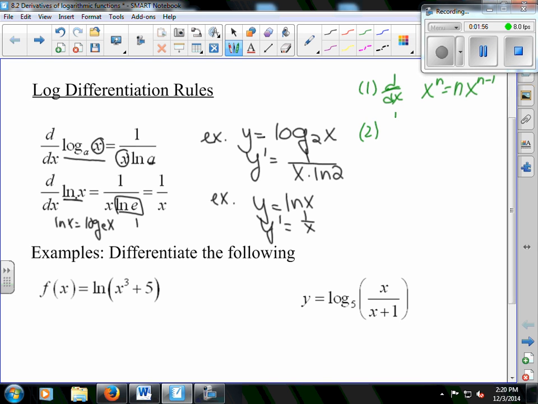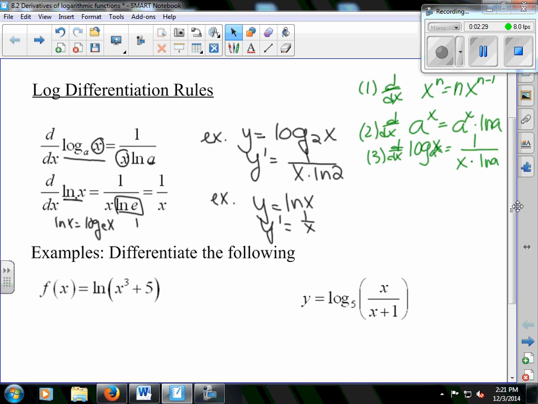Our second rule is that the derivative of an exponential function where x is in the exponent is a to the x times the natural log of a. And now this is our third rule, that the derivative of the logarithm with a base a is 1 over x and then natural log of a.